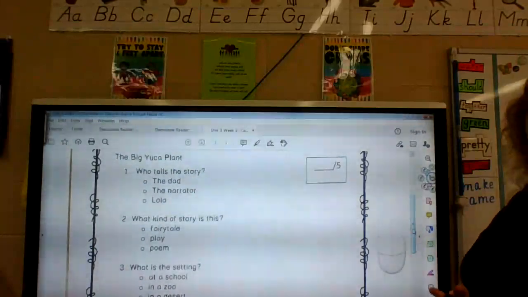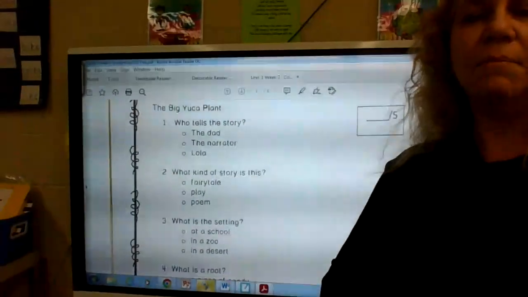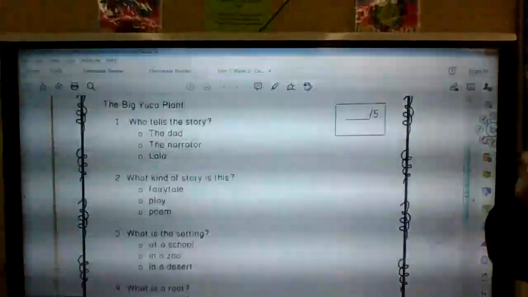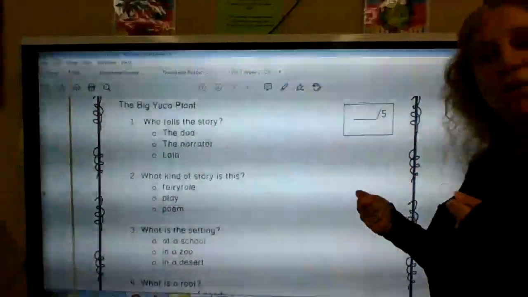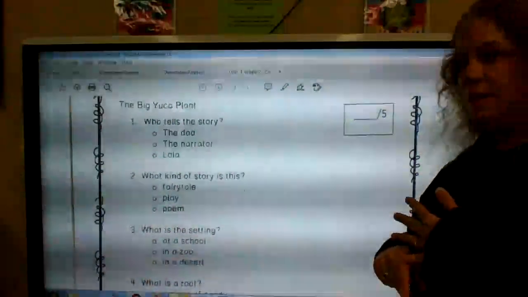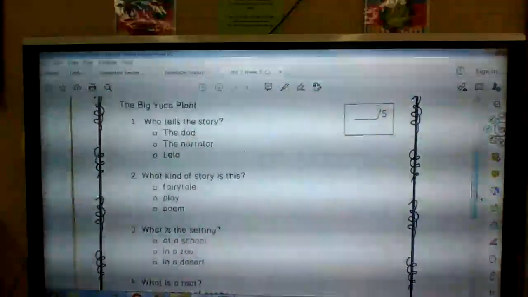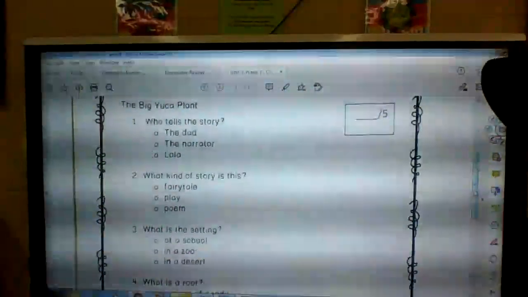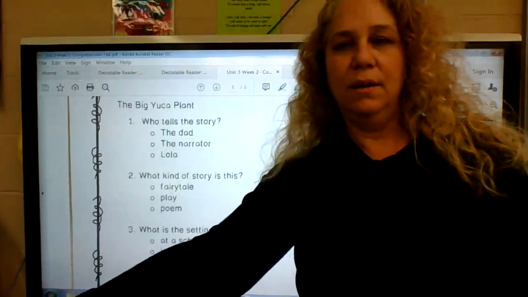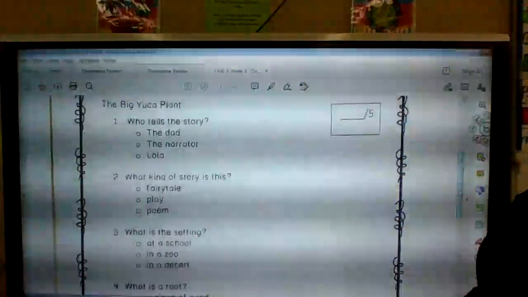Okay, so this is about the story, The Big Yucca Plant. The one where they planted the plant and then they couldn't pull it out and they all helped each other and they had to ask pig, cat, and the rat. Remember, it's a play. This was a play because there were actors and parts in the play. All right, ready?